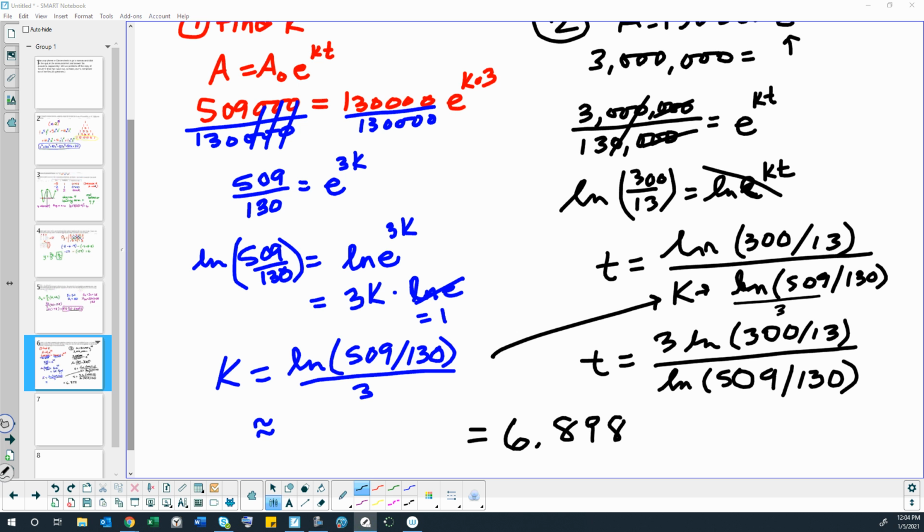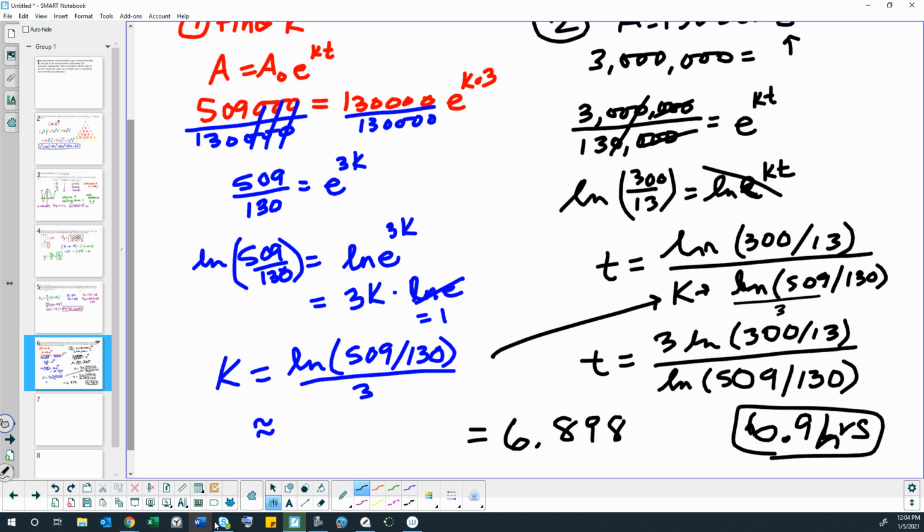So that would be approximately 6.9 hours. Oh, that's weird. I'm looking at the answer key, and the answer key says 6.82.